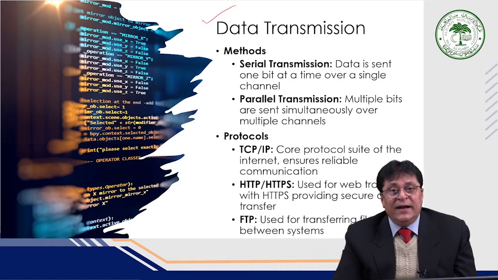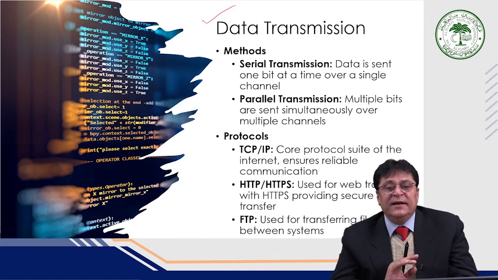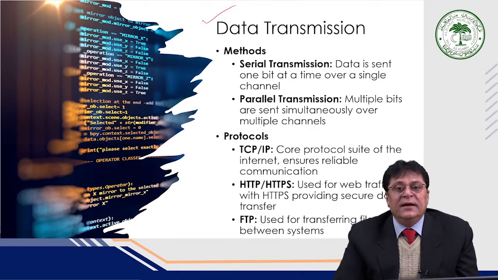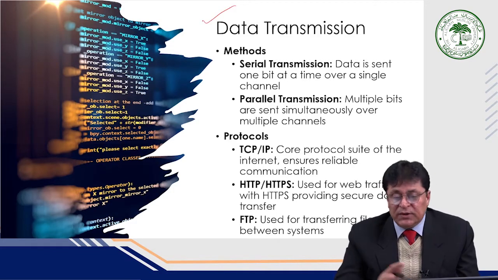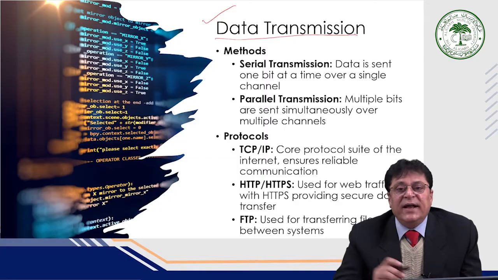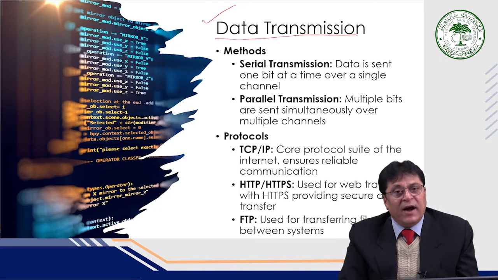While data is transmitted, some medium is required for its movement from one place to another. That movement is known as transmission, and it can happen in wired as well as wireless media.